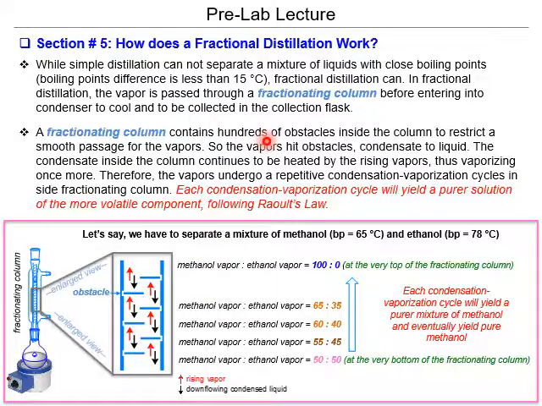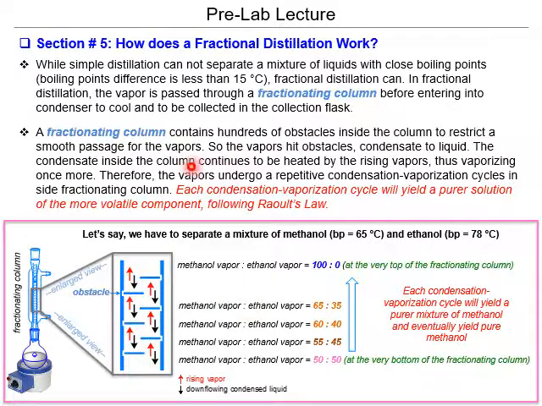The fractionating column contains hundreds of obstacles inside the column to restrict a smooth passage for the vapors. The vapors hit the obstacles and they condense to liquid. So it'll collect in these platforms before being heated again by the vapors rising.